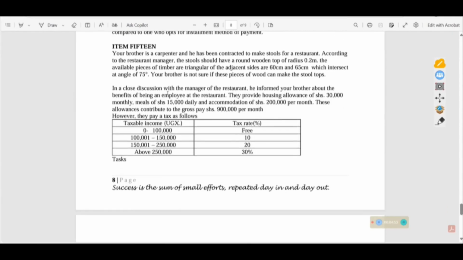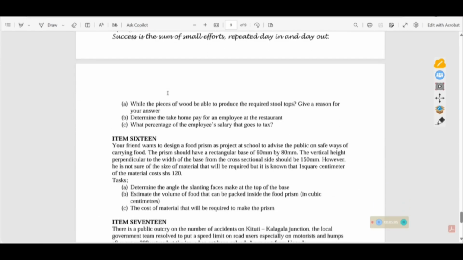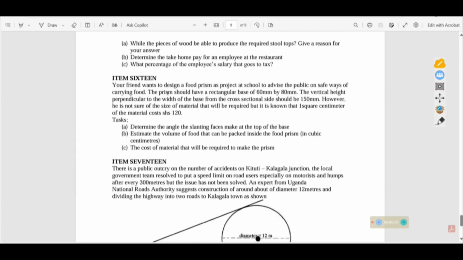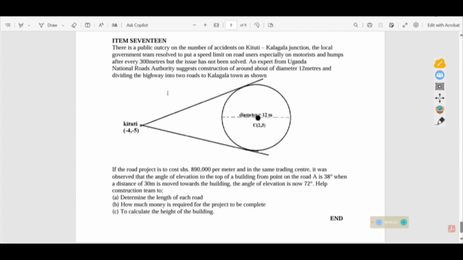Then this is item 15. Item 16. Item 17. And that will be the last item.